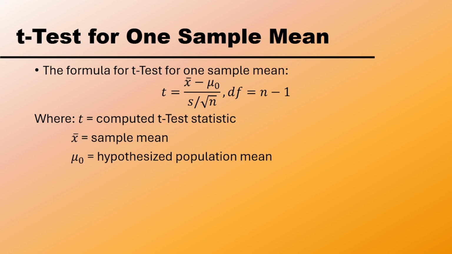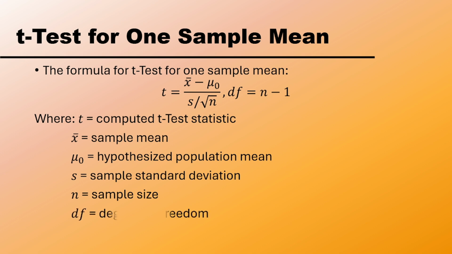All over s, s stands for the sample standard deviation, divided by the square root of n, where n is the sample size. Additionally, may gagamitin tayo na tinatawag na df, degrees of freedom. This is computed using n-1.